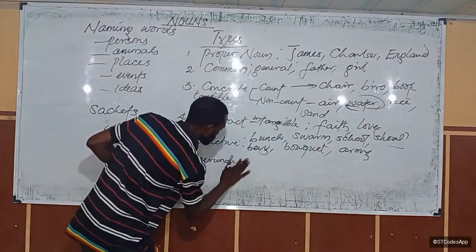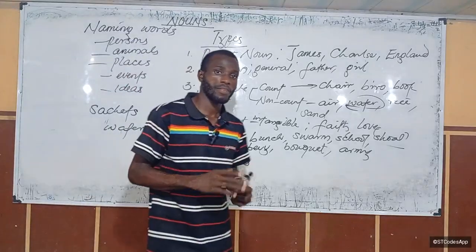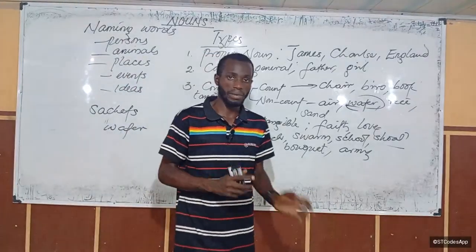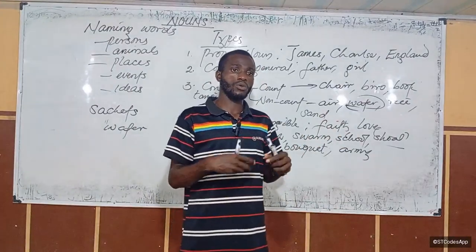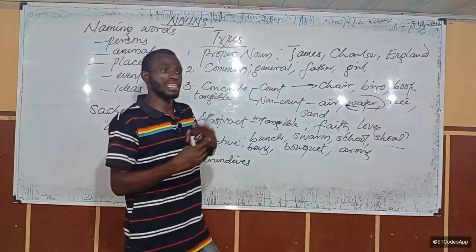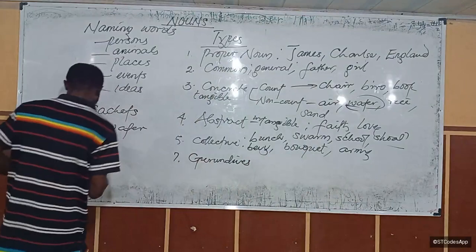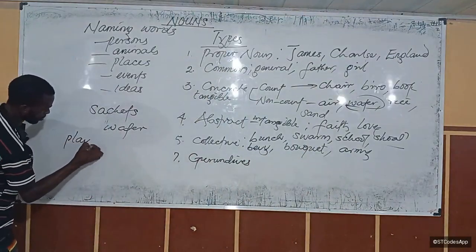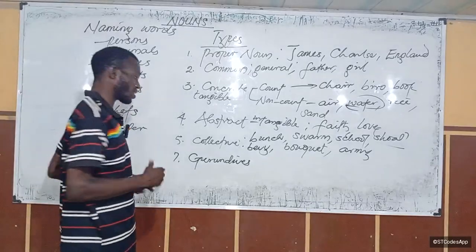Then gerundives. Gerundives are nouns that are made from verbs by adding ing to the verb, or by nominalization of those verbs. Is that okay? For example, the word playing. If I ask you what part of speech playing belongs to, you say verb.